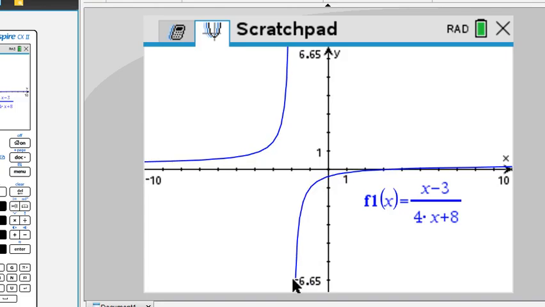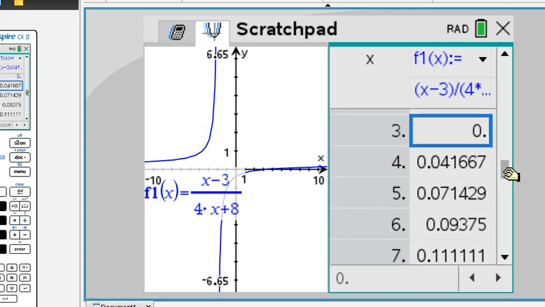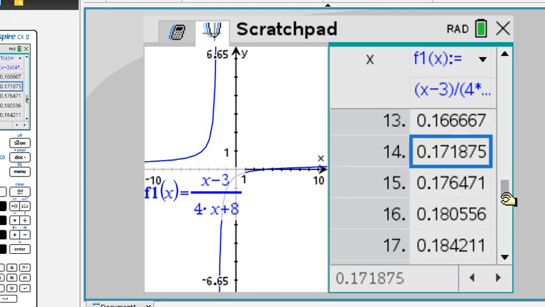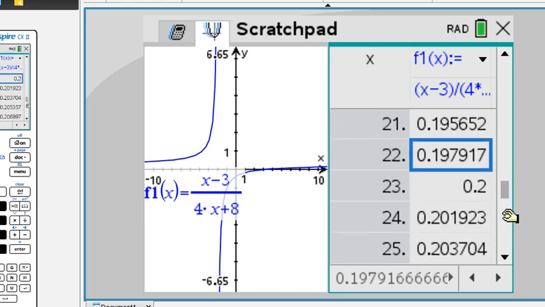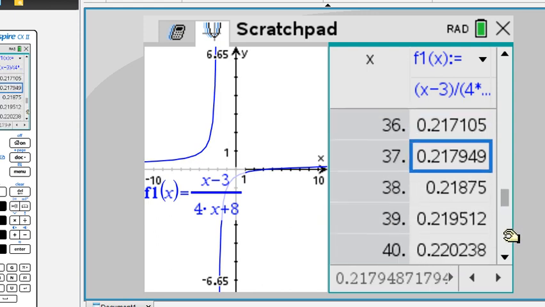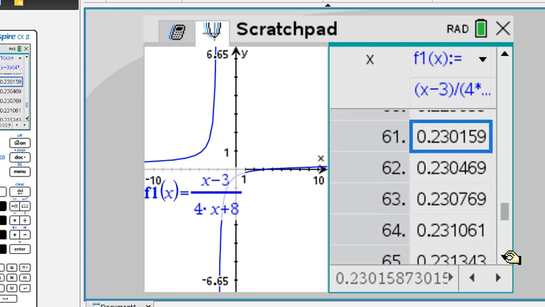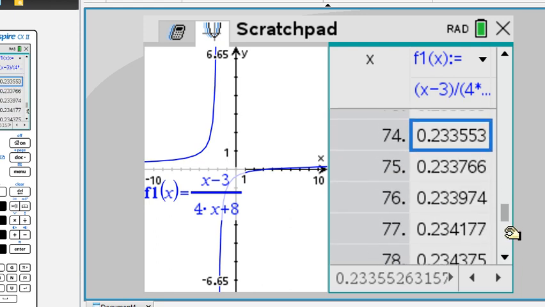We can also convert this into a table by pressing Control T, and then looking at the y values. I can move this down and notice that the y values are slowly increasing in value, but still not too fast. And they seem to be approaching 0.20 something. So 0.25 is 1/4.